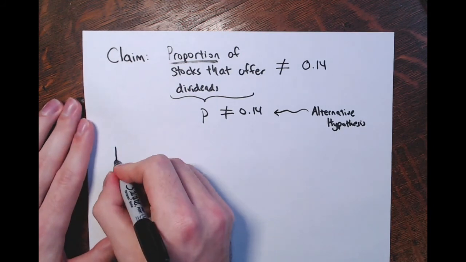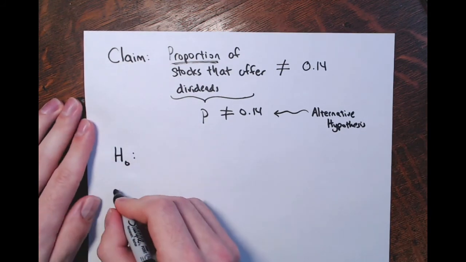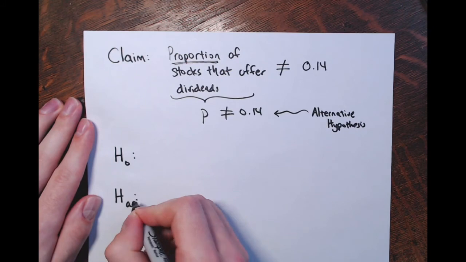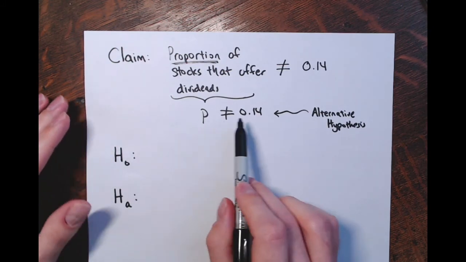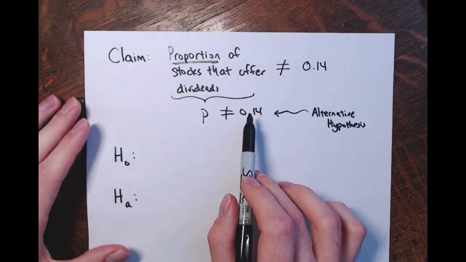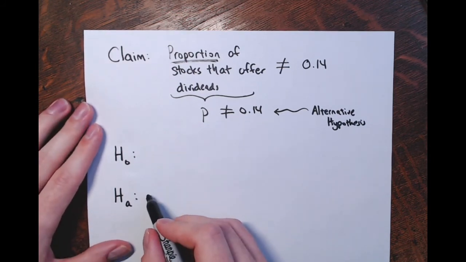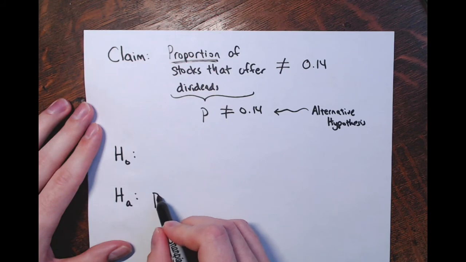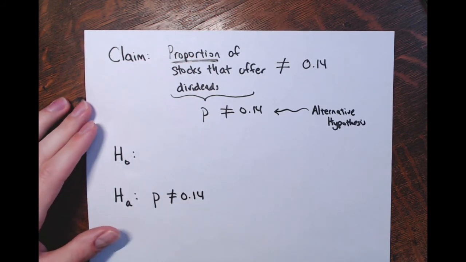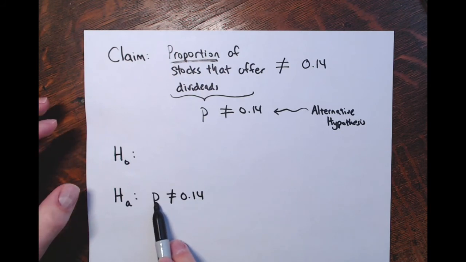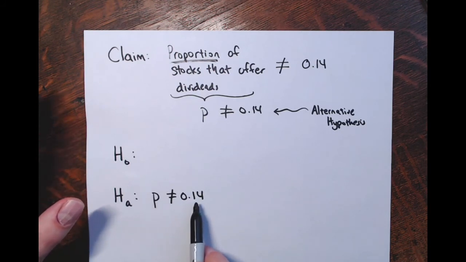All right, so you have the null hypothesis and the alternative hypothesis. Again, since this claim does not involve equality, this claim will be represented by our alternative hypothesis. So the alternative hypothesis is that the proportion of stocks that offer dividends is not 14%.